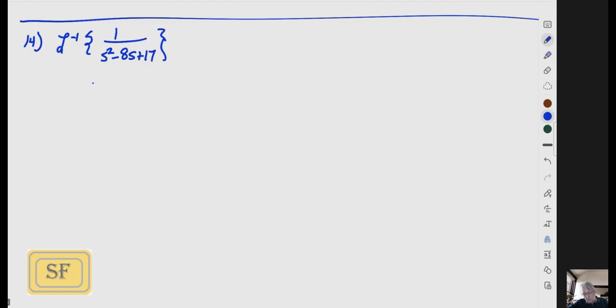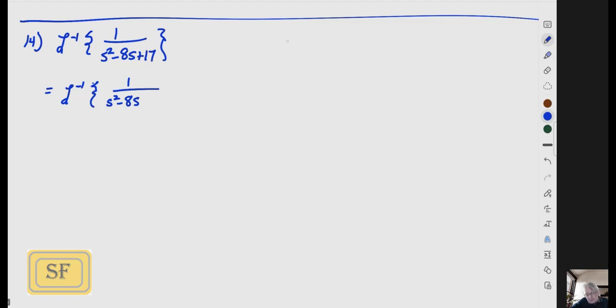So what we're going to do is rewrite this denominator. I'm going to take those first two terms and complete the square. I have s squared minus 8s.